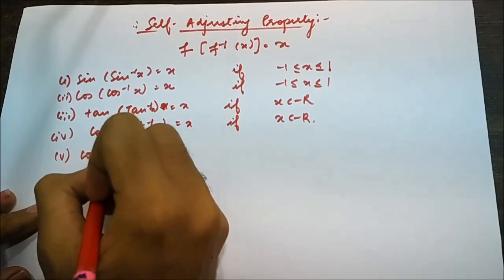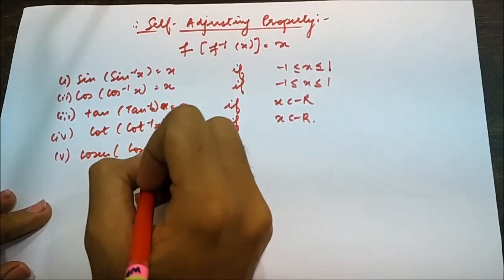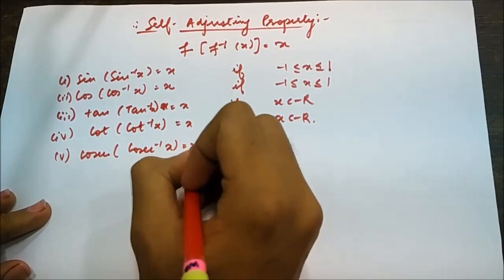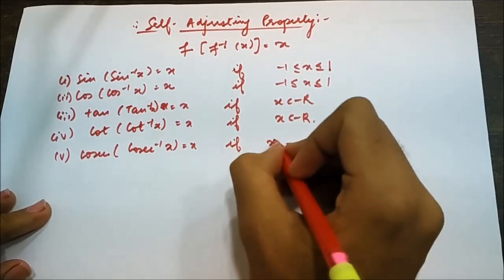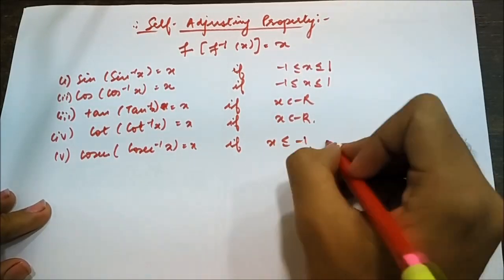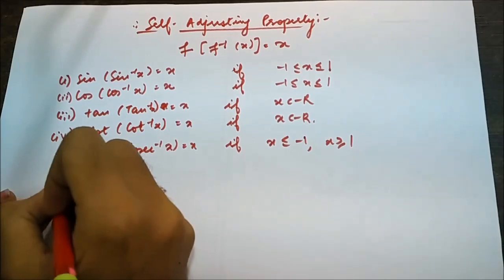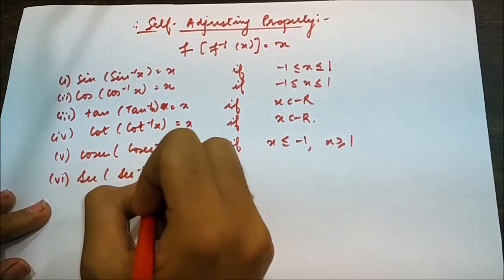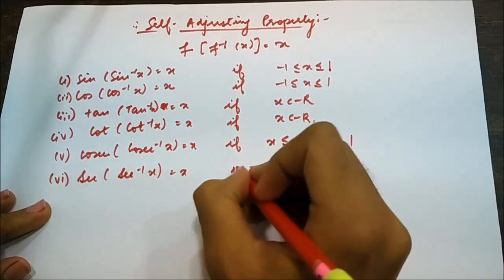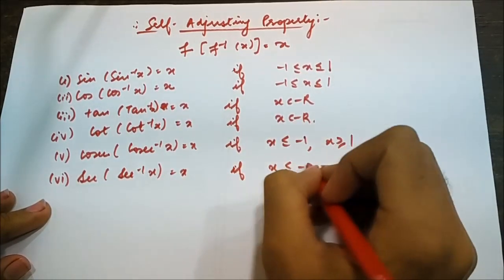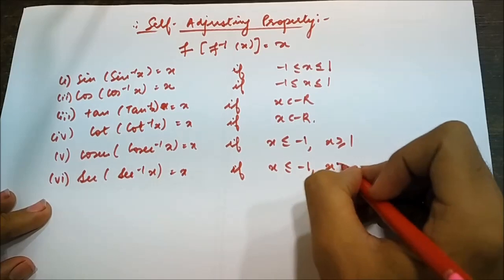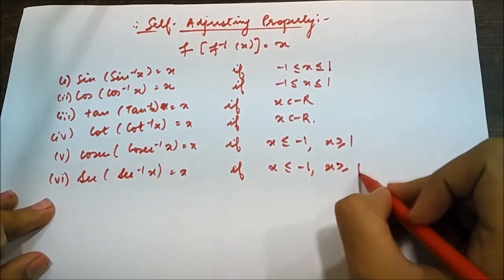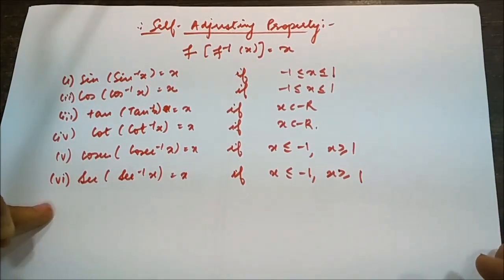Fifth, cosec of cosec inverse x is equal to x if x is less than or equal to minus 1 and x is greater than or equal to 1. Sixth is sec of sec inverse x is equal to x if x is less than or equal to minus 1 and x is greater than or equal to 1.